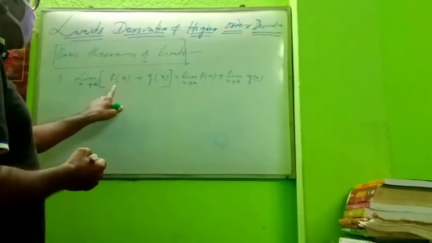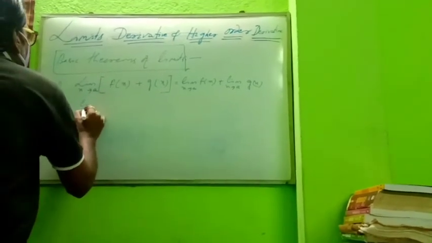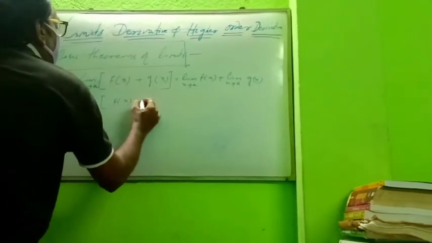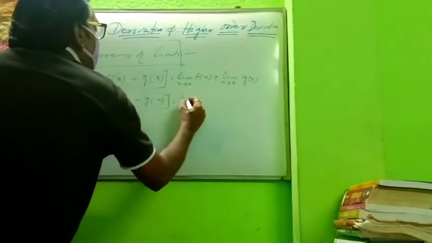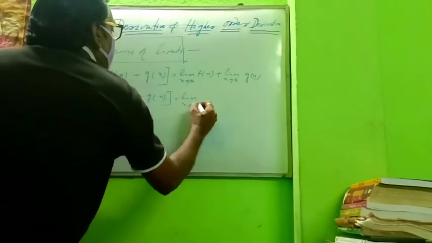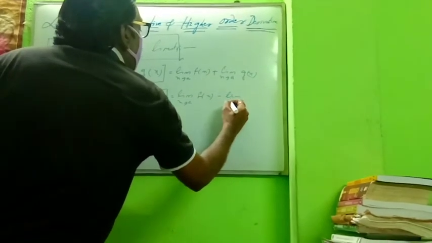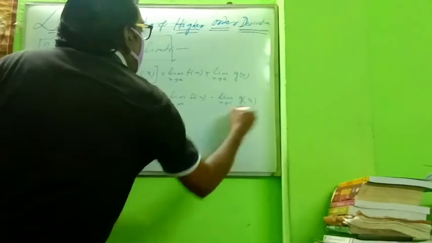That means individually you have to find the limit, then you have to add. This is called the sum of two functions. Next, same thing: limit x tends to a, where the difference of two functions f of x and g of x is given. In this case, same process, you have to write limit x tends to a of f of x minus limit x tends to a of g of x. Okay.